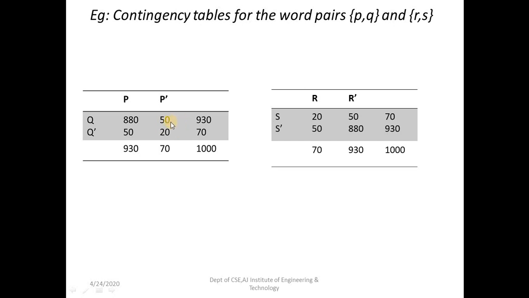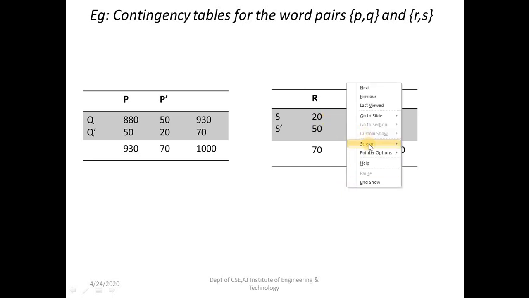This entry suggests the frequency of occurrence of just Q but P does not occur. And this one indicates the occurrence of just P where Q does not occur. In the same way, this is the table of frequency of occurrence of words R and S.